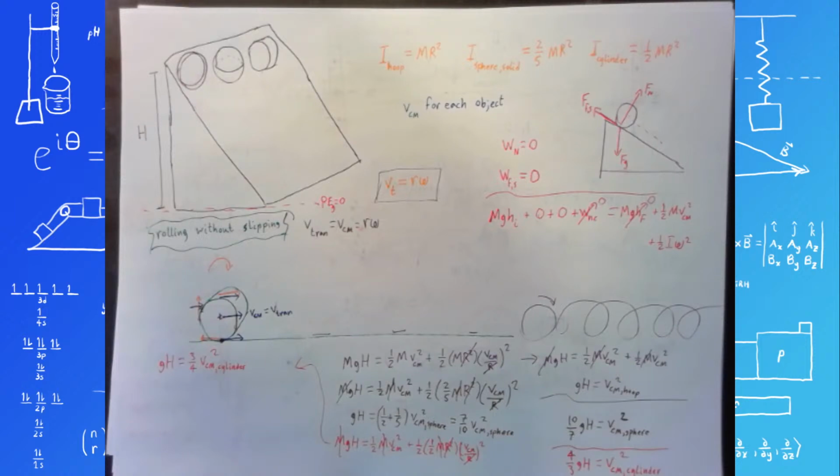The less moment of inertia an object has, the less rotational kinetic energy is required to get it to rotate in tandem, to get it to roll without slipping, which leaves more of its kinetic energy available for translation rather than rotation.